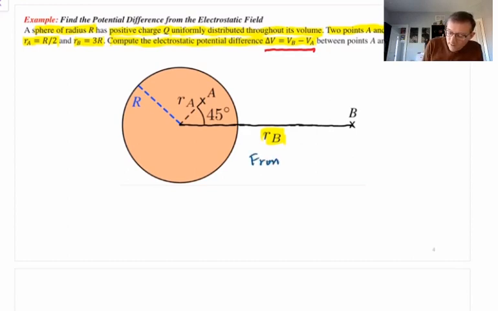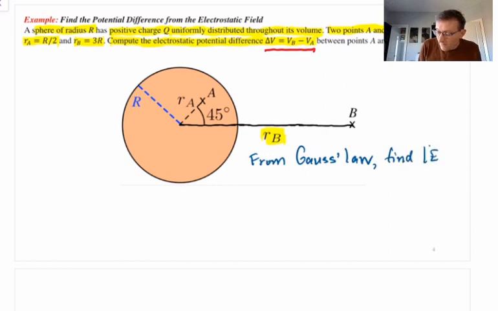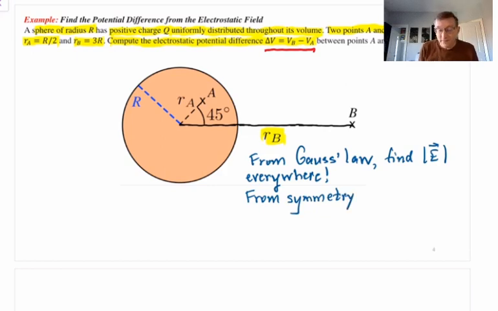From Gauss's law, find the magnitude of the electric field everywhere. I'll tell you one thing we already know from symmetry, that we have a spherical charge distribution and that the charge of that object is positive. We know the direction of the electric field at any point.